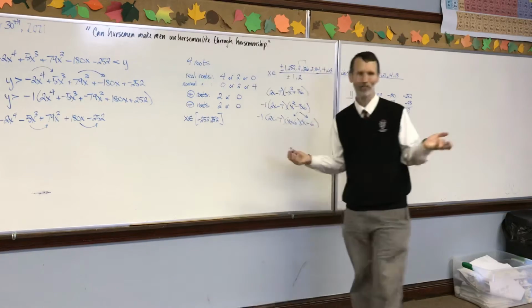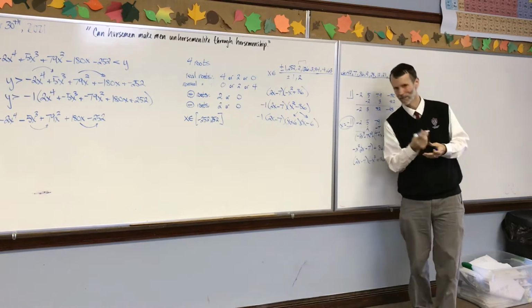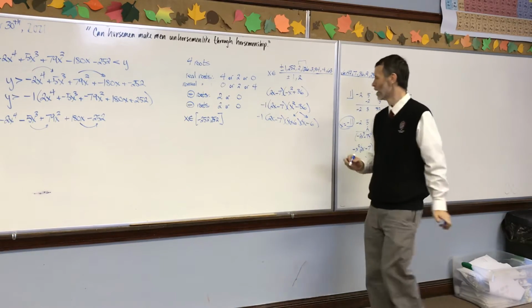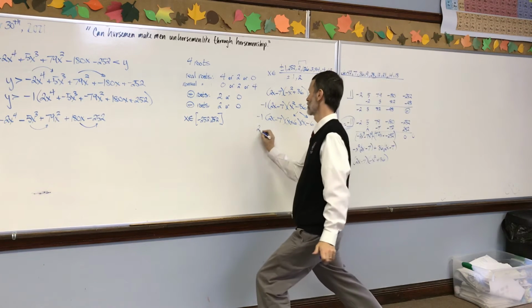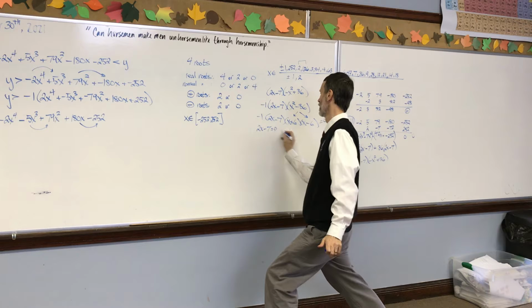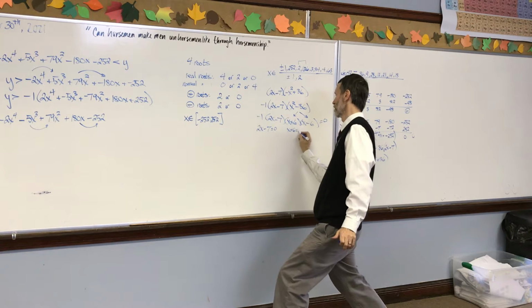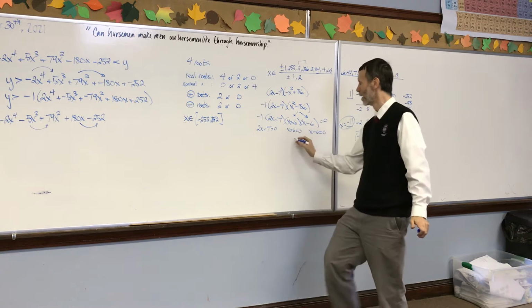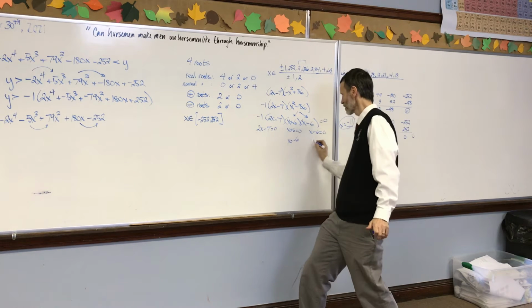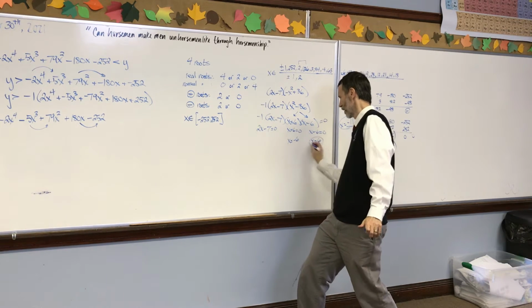Now, how do you find the rest of the roots? Josh. Set them equal to 0. Right. So I've got 2x minus 7 equals 0, x plus 6 equals 0, x minus 6 equals 0. These two you can probably do in your head. Negative 6, and 6. All right.